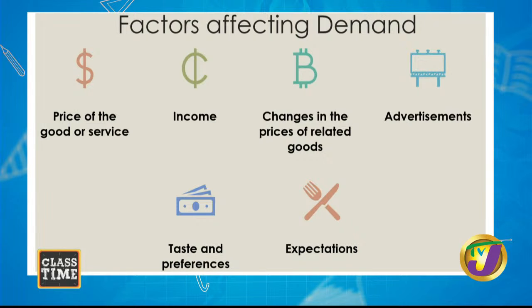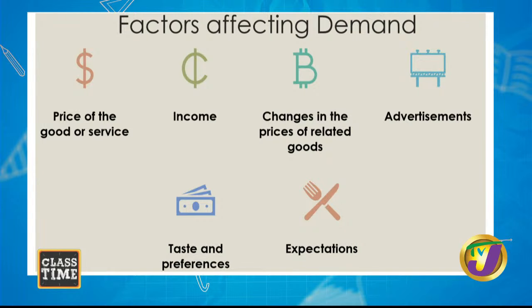Let's look at one of them: change in the price of related items. Let's say we have complementary goods, and we're looking at how rice complements peas. If we have an increase in the demand for one item, it would impact the other item.